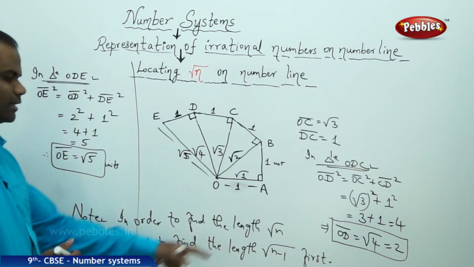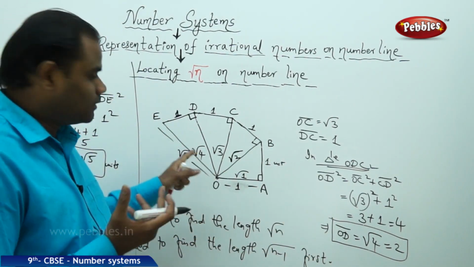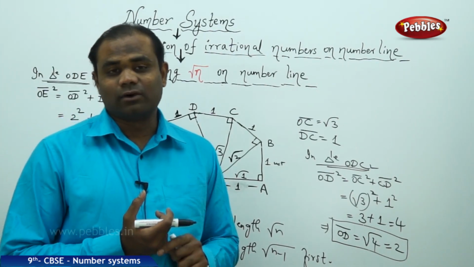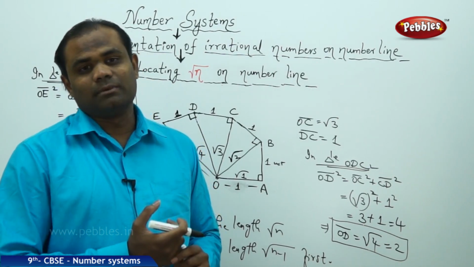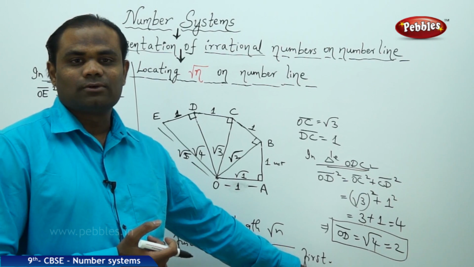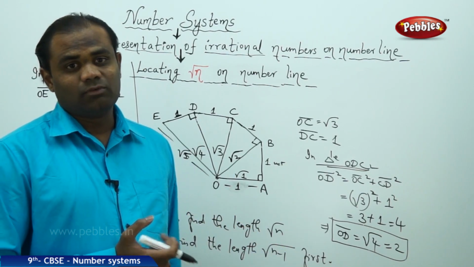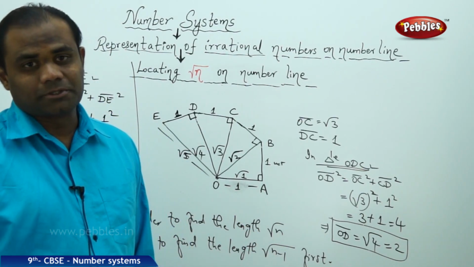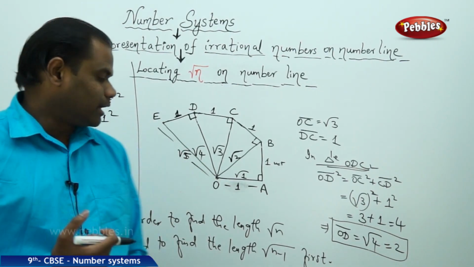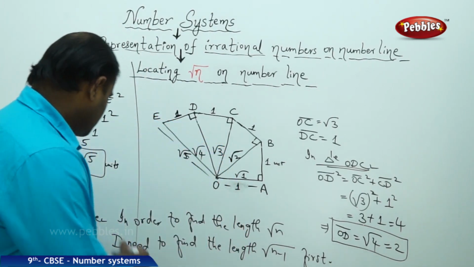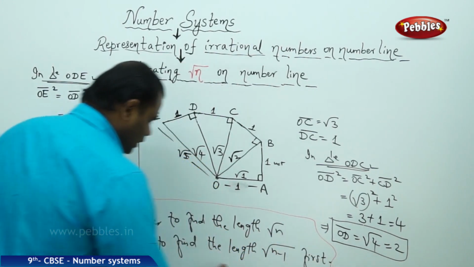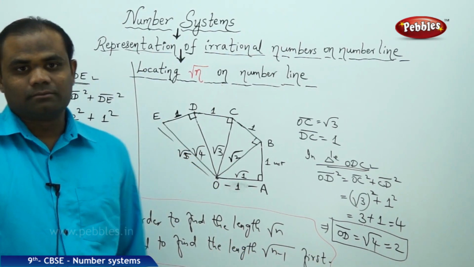So in order that I find the length root 5, I need to first find the length root 4 before I find the length root 5, or locate root 5 on the real number line. So its consecutive or its preceding root number should be identified before we locate the next coming natural number under the root. So in order to find the length root n, I need to find the length root n minus 1 first, is what I make the learning outcome out in this session.